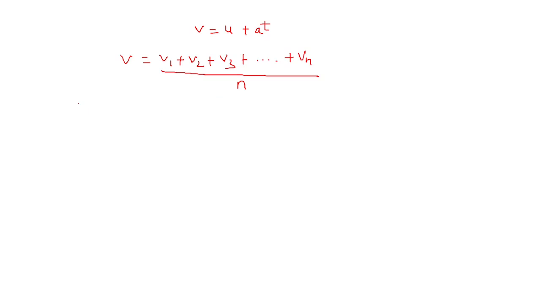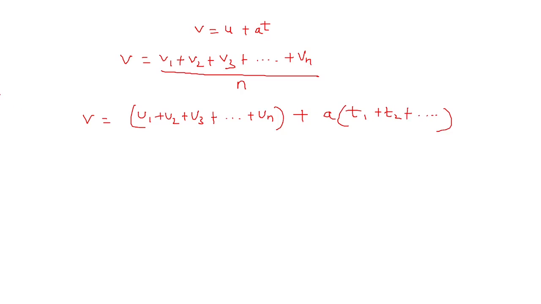So we can take this as u1 plus u2 plus u3 plus dot dot dot plus un, plus a into t1 plus t2 plus dot dot dot, this whole upon n.